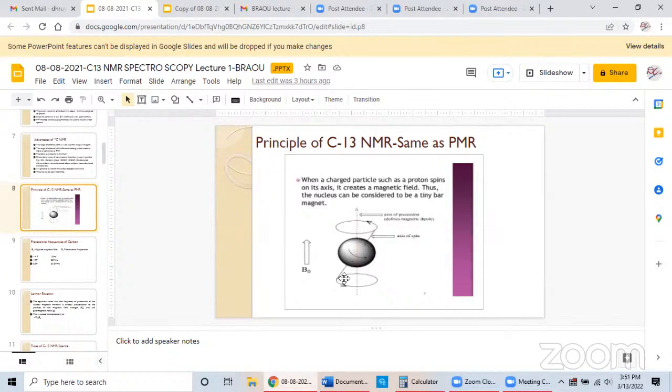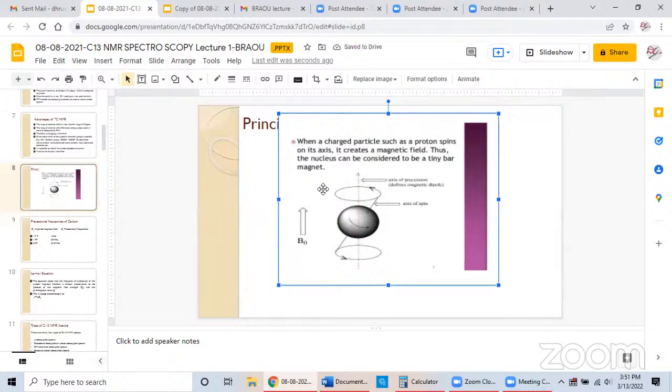Now, this spinning nucleus can have two different orientations. One is in line with the applied magnetic field, in the same direction, and the other is oppositely oriented, so it will be oppositely precessing.